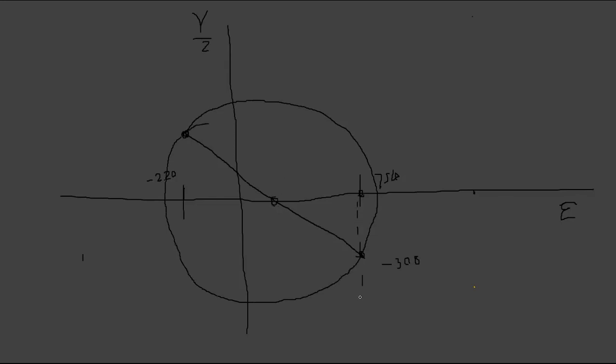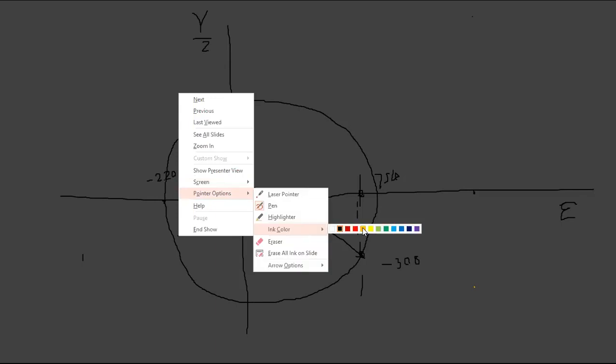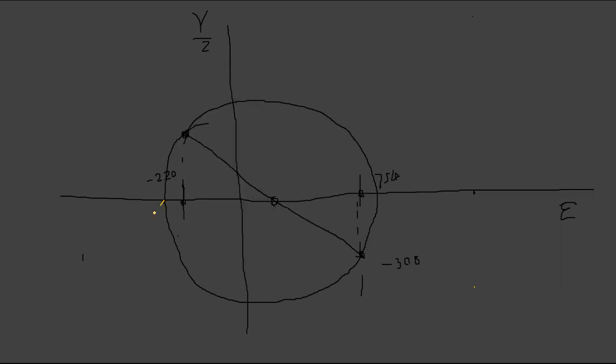From this I would say this is your principal strain, epsilon P1, and epsilon P2. Let's say R is the radius. You can determine this point using geometry.